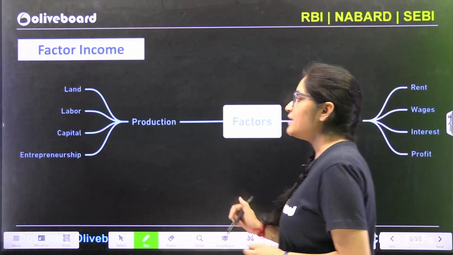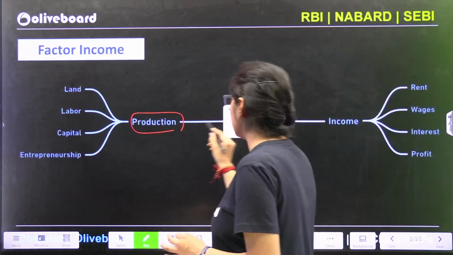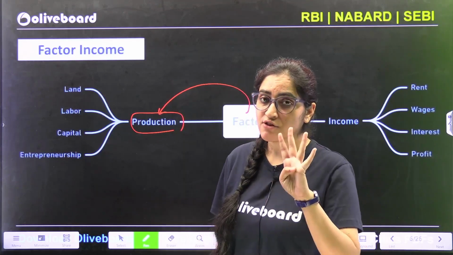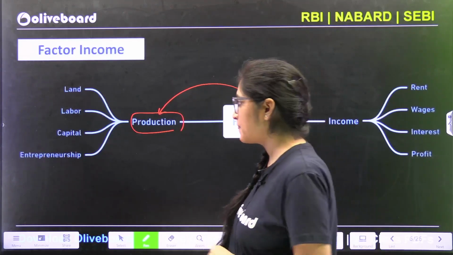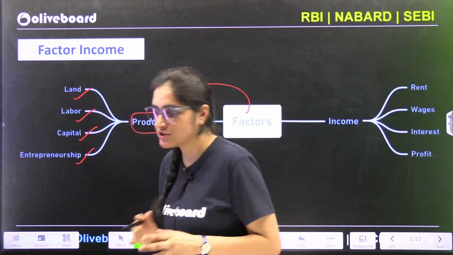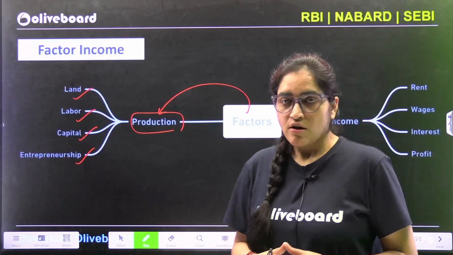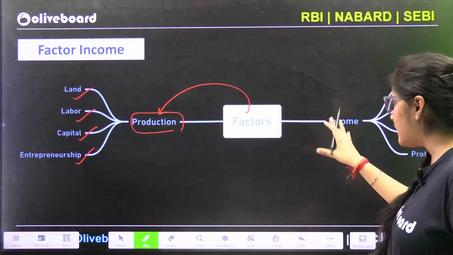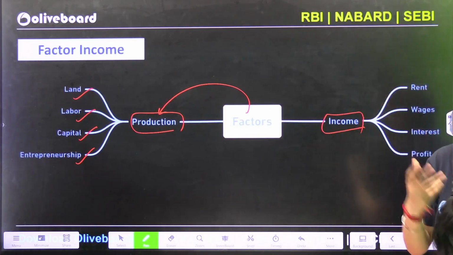See, there are certain factors of production. There are 4 factors of production that you have to remember. Factors are land, labor, capital and entrepreneurship. By using these 4 factors of production, you are able to generate some amount of income.